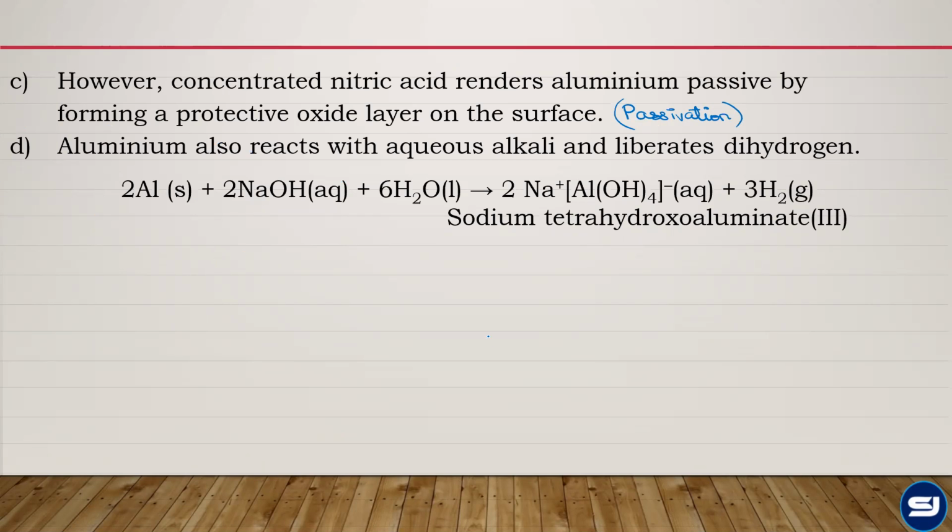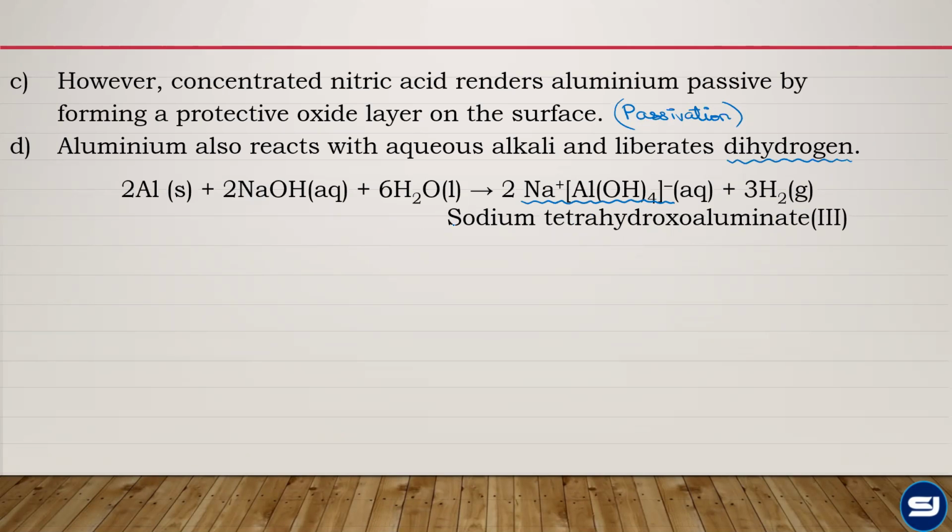And then aluminium also reacts with the alkali and liberates dihydrogen. तो यहाँ पर भी जो गैस लिबरेट हो रहा है वो डाइहाइड्रोजन ही है, which is common for both the reactions. But the product which is formed in the acid case is AlCl3 with hydrated aluminium ion, and the product formed in the basic alkaline medium case is [Al(OH)4]−.